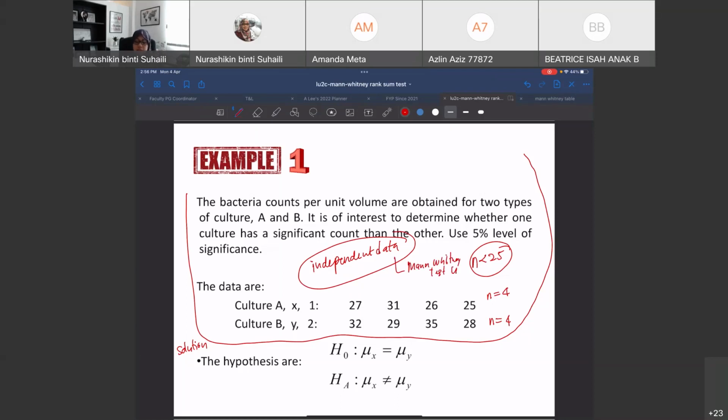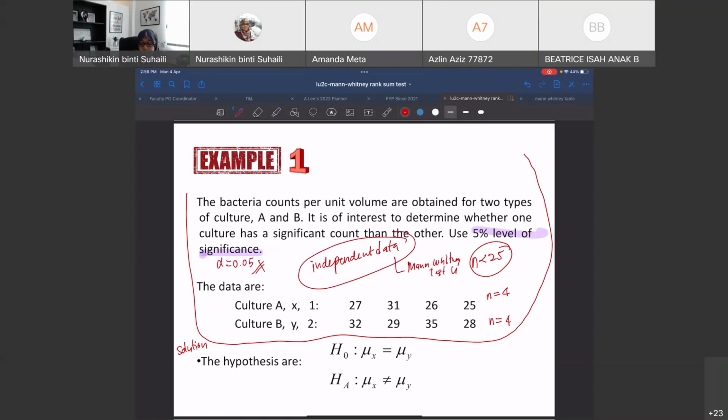Okay, so another piece of information from this question is the 5% level of significance, so alpha is 0.05, right? It is given, so you just have to use the value given.